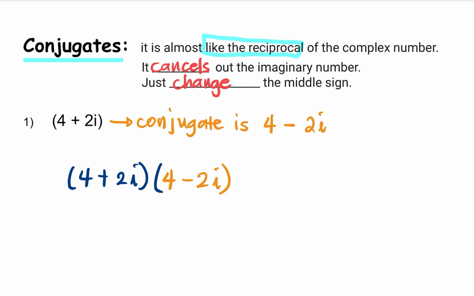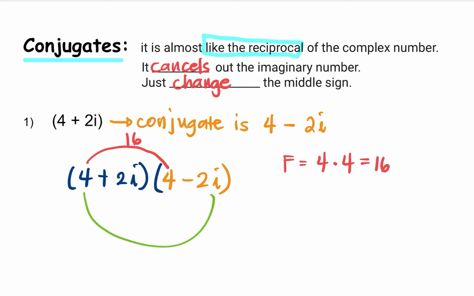So let us try and multiply. We have the first term, which is 4 times 4, and that is 16. And then we have the outer, so that is negative 8i.